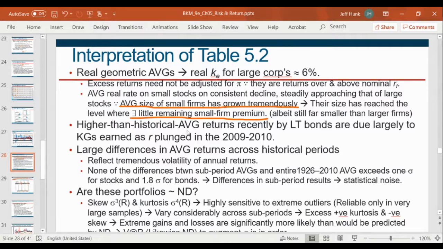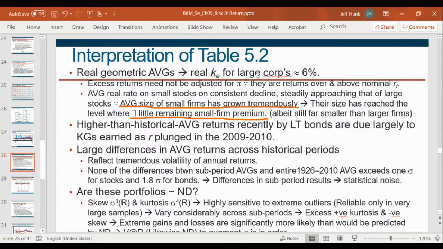Higher than historical average returns recently for long-term bonds are due largely to capital gains earned as interest rates plunged in 2009, 2010, the Great Recession, right? I mean, after the financial crisis, right?